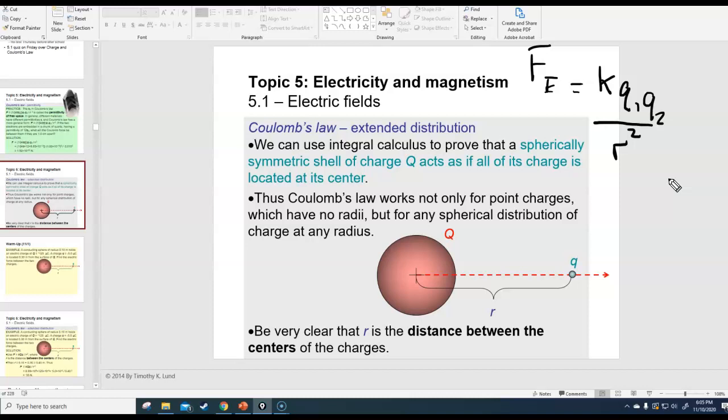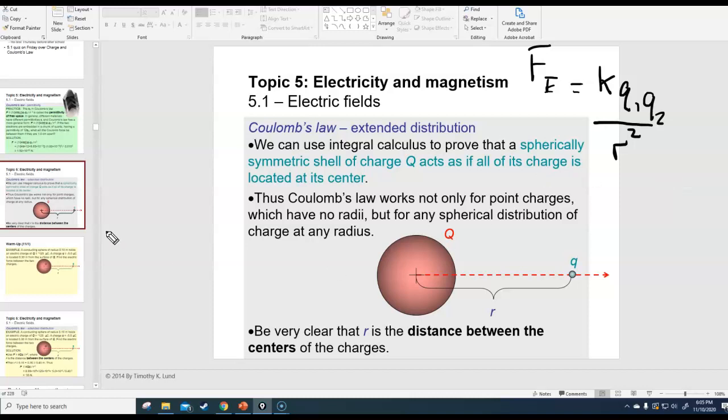Without any proof, just take my word for it, it can be shown using integral calculus that a spherically symmetrical shell of charge can act as though all the charge was located at the center of that sphere.